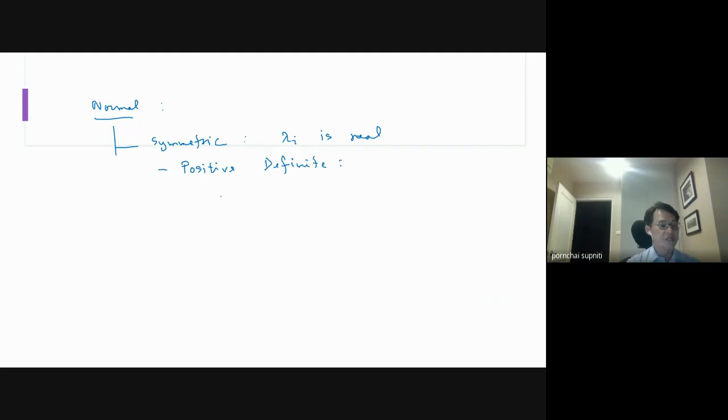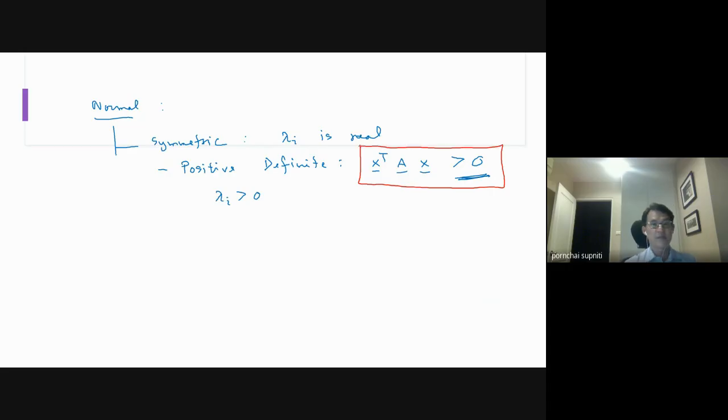Positive definite means that lambda i is greater than 0, and if we multiply any vector with the matrix A, x transpose A x is always greater than 0. So this is the definition for positive definites.